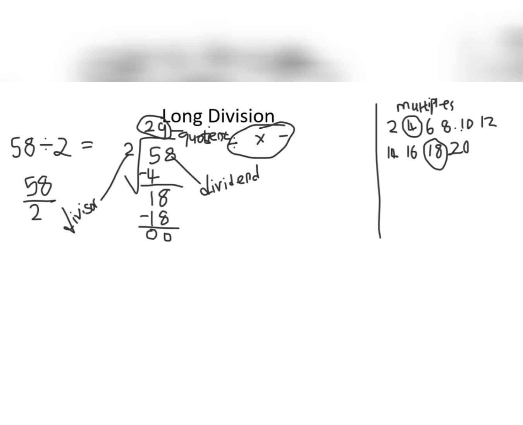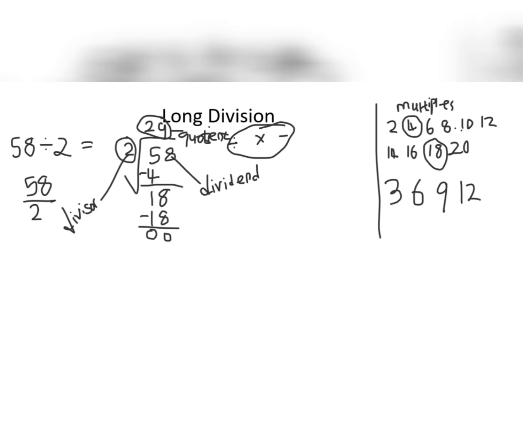If I want to find the multiples of 3, for example, I just go 3, then 3 plus 3 is 6, 6 plus 3 is 9, 9 plus 3 is 12, and so on. So that when you're doing the division, you can refer to your multiples. At one side of the book, or whatever the child is using, you can list out the multiples of the divisor, very important.